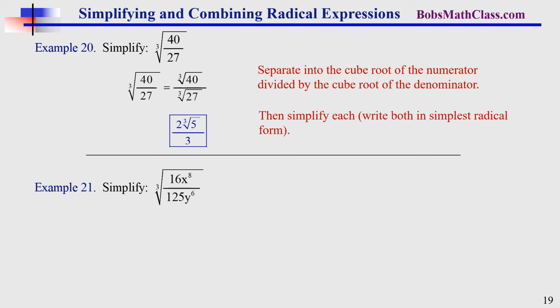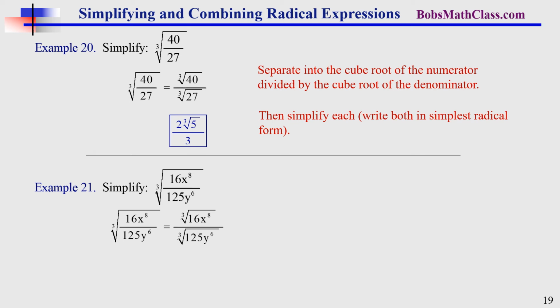Okay, this next one has letters, variables. Separate it. The denominator is a perfect cube. That'll be 5y squared. The numerator, let's see, 16. That's 4 2's. 2 times 2 times 2 times 2.